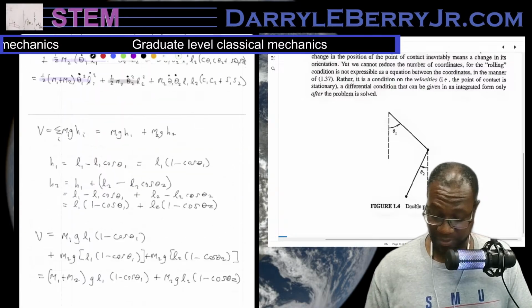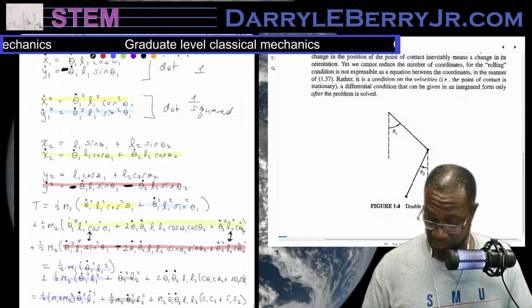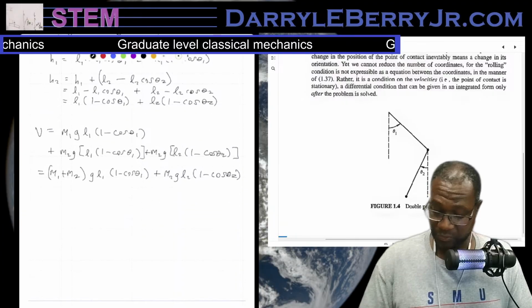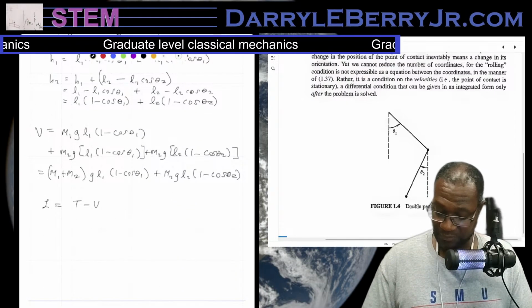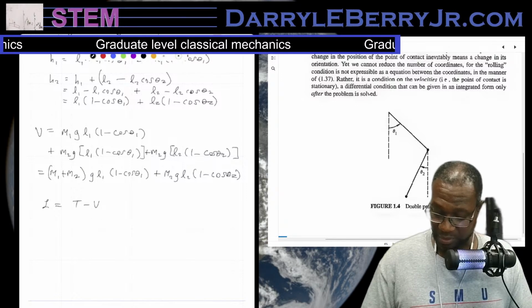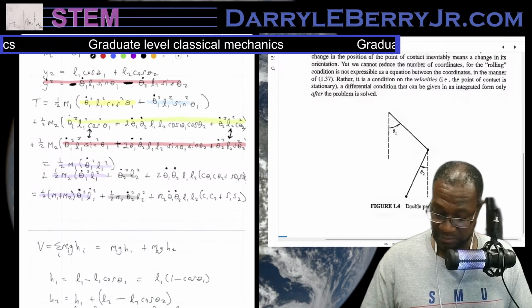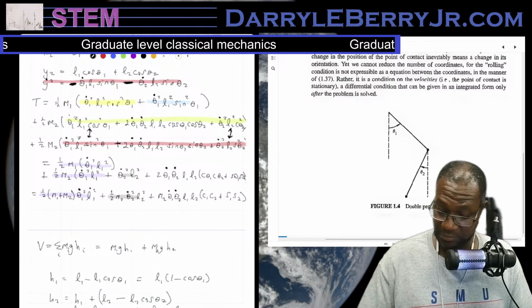So this is our kinetic energy and our potential energy. We know that the Lagrangian is T minus V. So that means the Lagrangian is all of this ugliness added together.